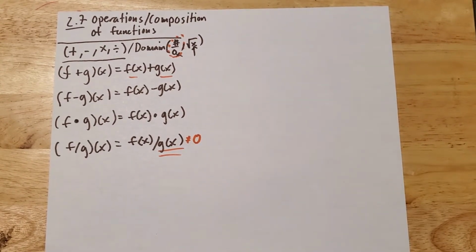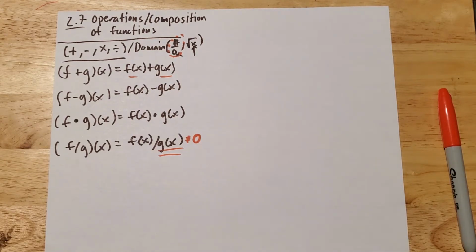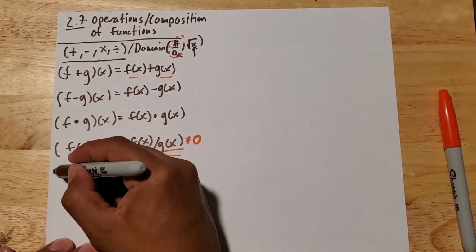We don't know what g of x is, but whatever it is, once you divide, it ends up going in the denominator. So what that means is, now whatever that function is, it could be linear, quadratic, absolute value, it just cannot be 0 anymore. So we'd have to compare the domains of both of the functions to be able to come up with an overall domain for the combination.